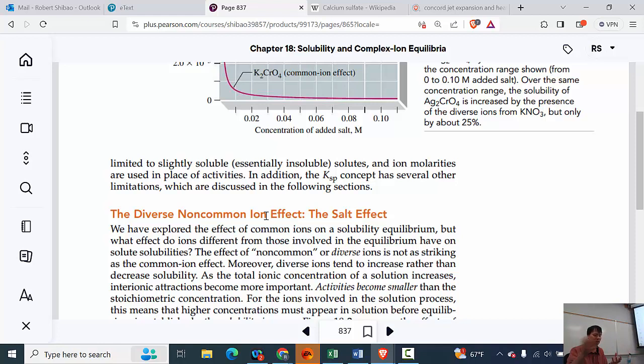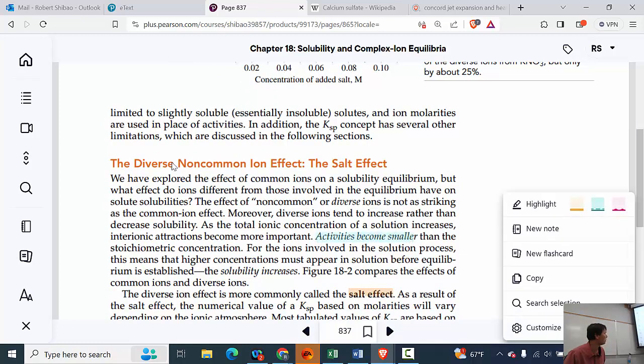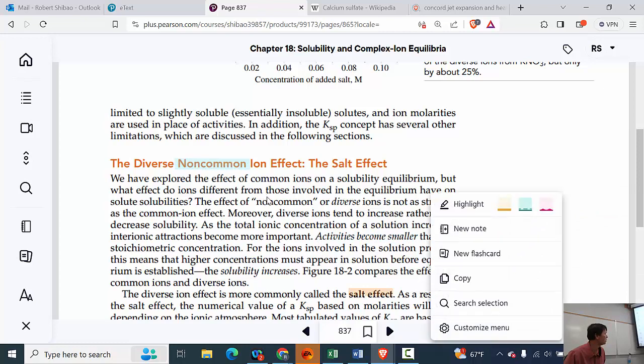But what if you dump in some unrelated salt, like sodium chloride? You think, sodium chloride, that's not related to magnesium or calcium sulfate in any way. But the sodium ions can cluster around the sulfates and the chloride ions can cluster around the magnesium or the calcium. This is called the salt effect. And so the activities become smaller when you add an uncommon salt, a non-common salt.